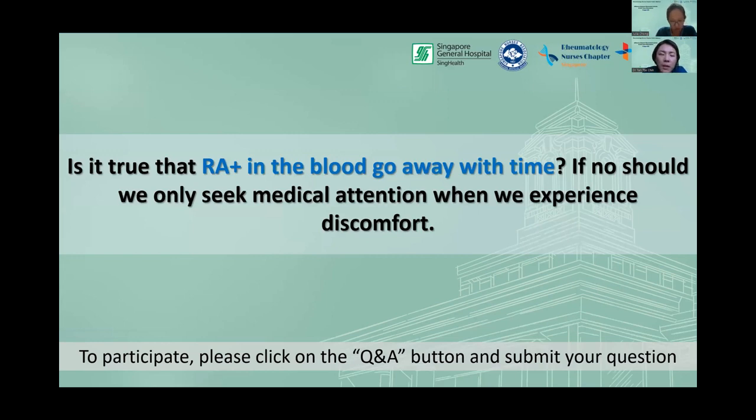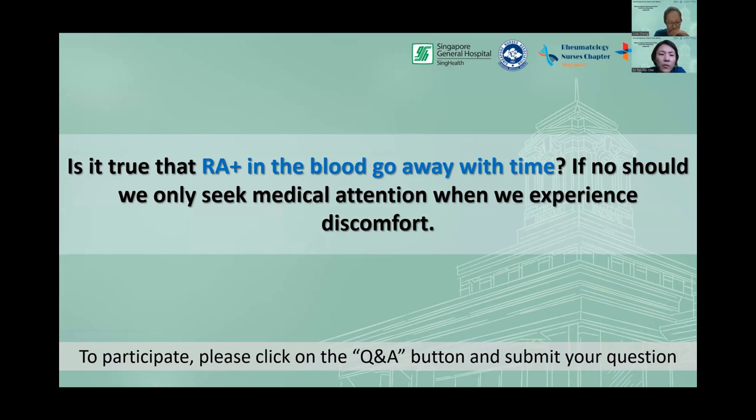Because this is a very general scenario, sometimes it is not easy to definitively say that positive rheumatoid factor will go away with time, because it must be linked to the correct scenario in the individual that we are talking about. So if you do feel that you have pain, swelling, very prolonged stiffness for more than 30 minutes or more than 60 minutes, it is advisable for you to seek professional help.